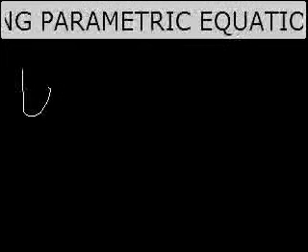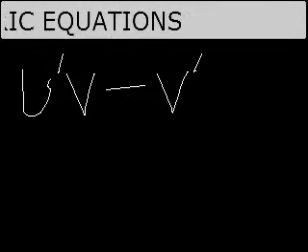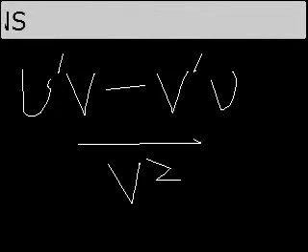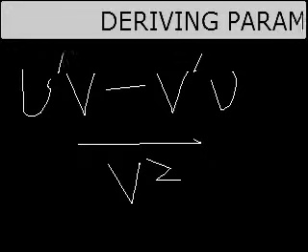Hopefully you know why we do that. If you forgot what the quotient rule is for deriving, it's just u prime times v minus v prime times u over v squared, where u is the numerator and v is the denominator. So, yeah.